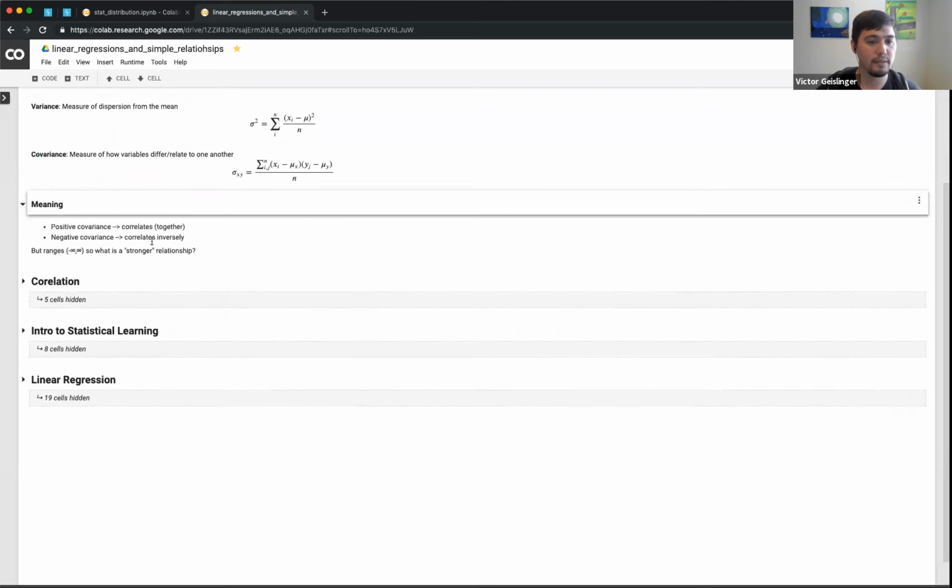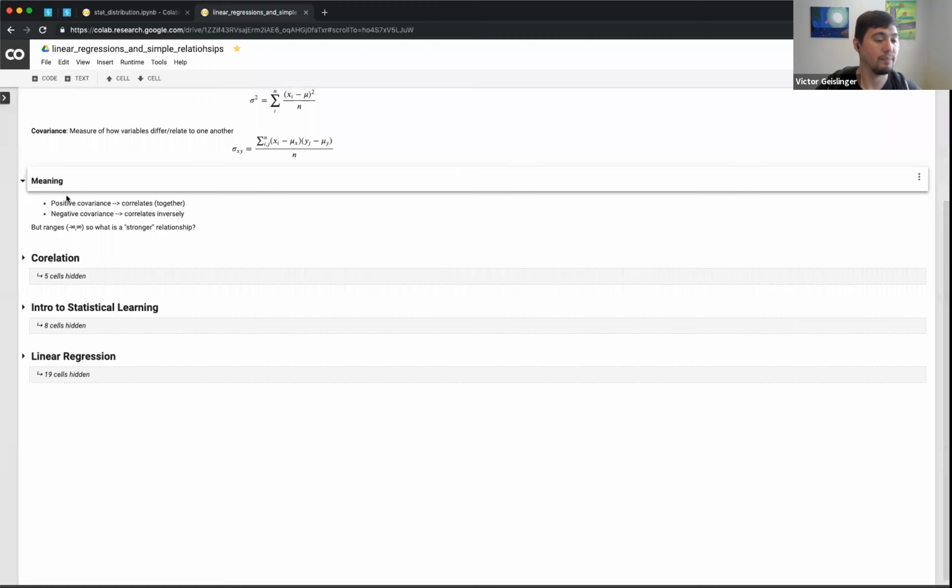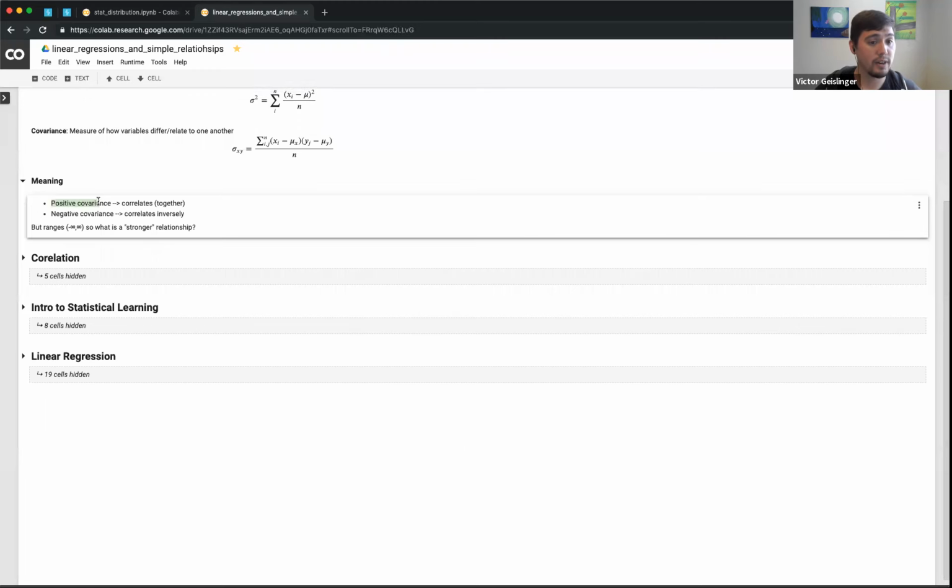And then I think I have a little more information here. Yeah, so here I have positive covariance and negative covariance, but covariance can range from negative infinity all the way to positive infinity, which makes it really difficult to understand when you compare one covariance to another. For example, if you have 3 different features and one we'll later call the target, your effect, and these 3 variables that you can adjust, like x, y, and z.